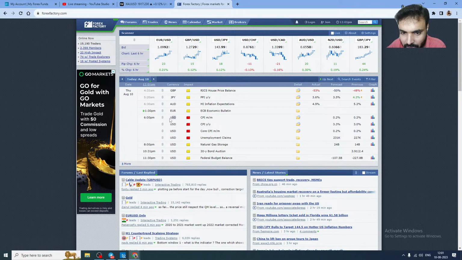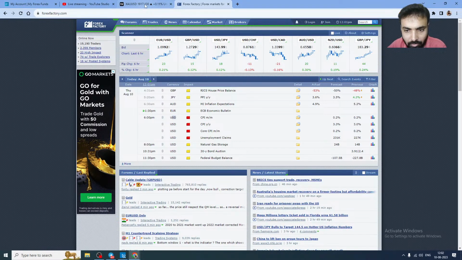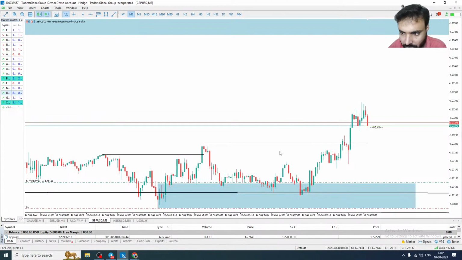So these four news are coming today evening. It can be a very crazy movement in the evening. Based on these results, the market will be reacting. So that's the reason now it is ranging, I guess. You can check here. You can go and read the theory if you want.